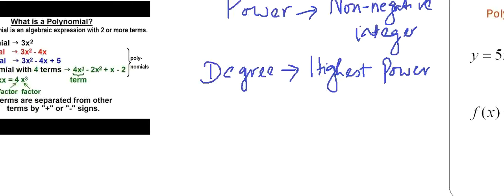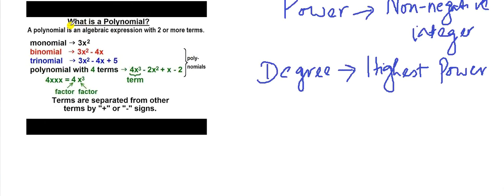Now let us come back to our previous examples. The degree of this one is 2, 2, 2, 3. So degree is basically the highest power of a polynomial. Another thing is, a polynomial can have one or more variables.